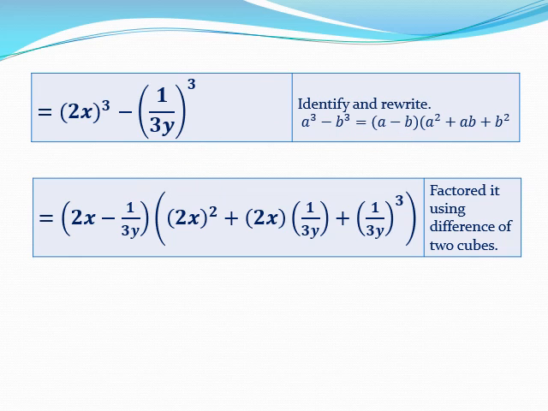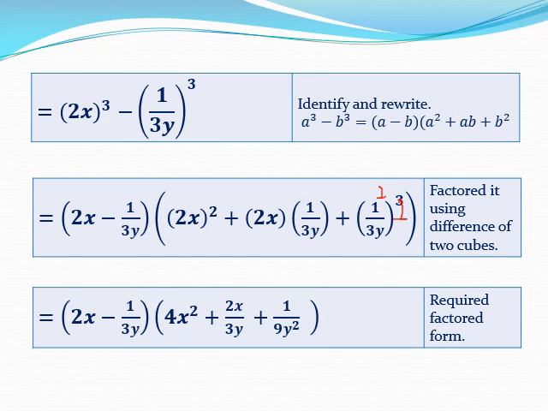So it becomes 2x minus 1 over 3y times square of 2x, plus product of these two terms, that is 2x into 1 over 3y, plus the square, here we have to write square, of 1 over 3y.